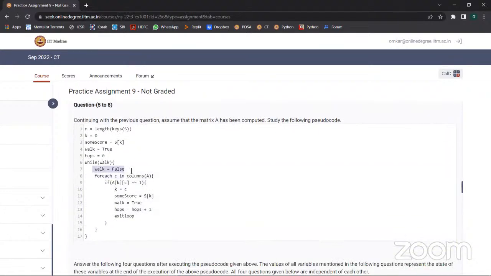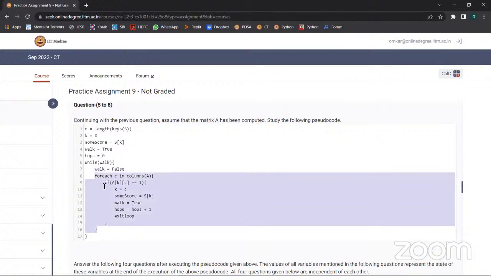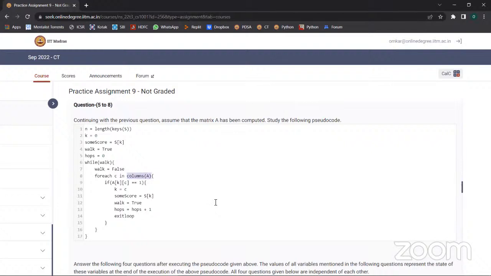Okay. So now walk becomes false, and we enter this loop. For each C in columns of A. Now what is columns of A? Anant, what is columns of A? Number of students, sir. Correct.